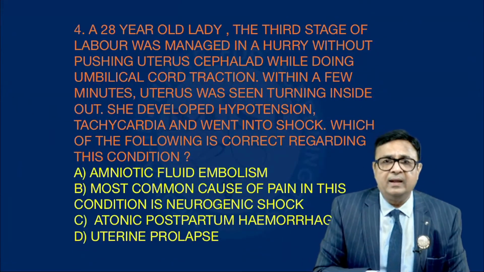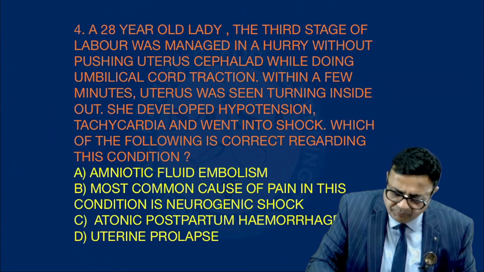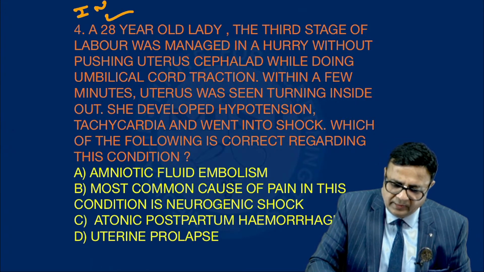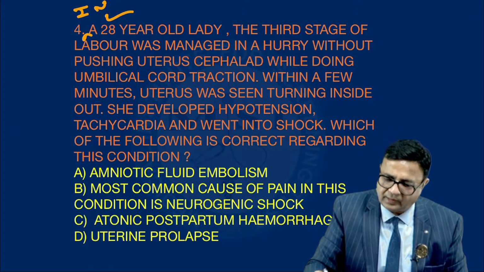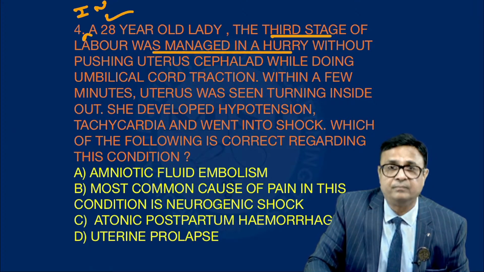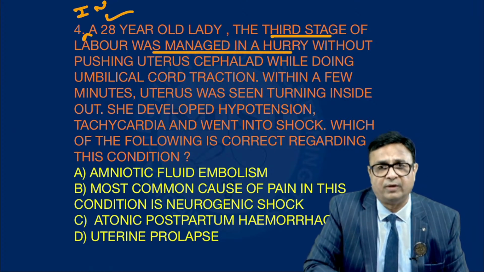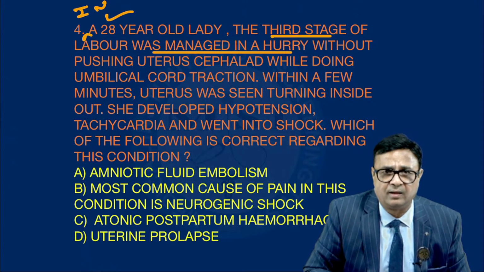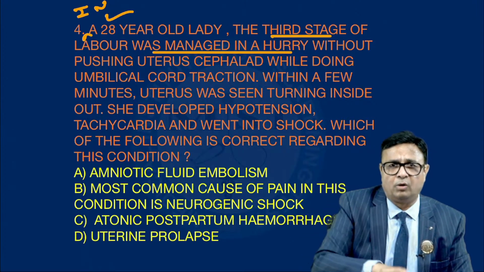A 28-year-old lady. Okay, her age is 28. In a 28-year-old lady, third stage of labor was managed in a hurry without pushing uterus cephalad while doing umbilical cord traction.